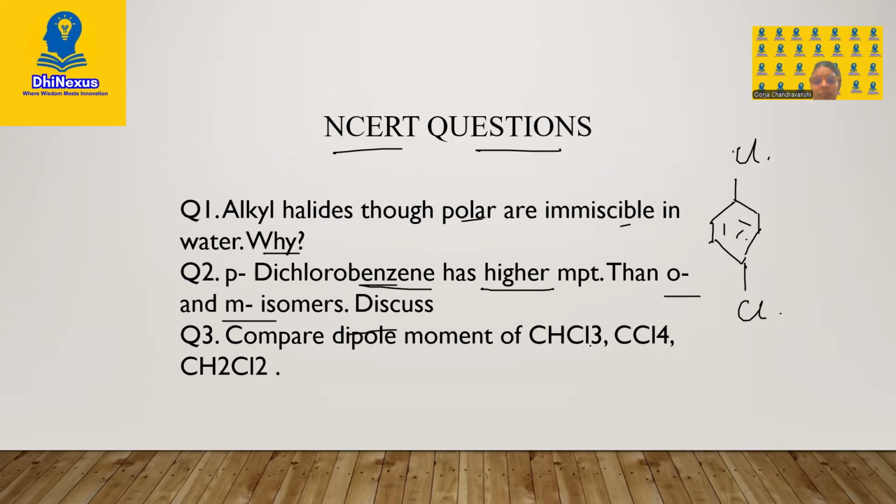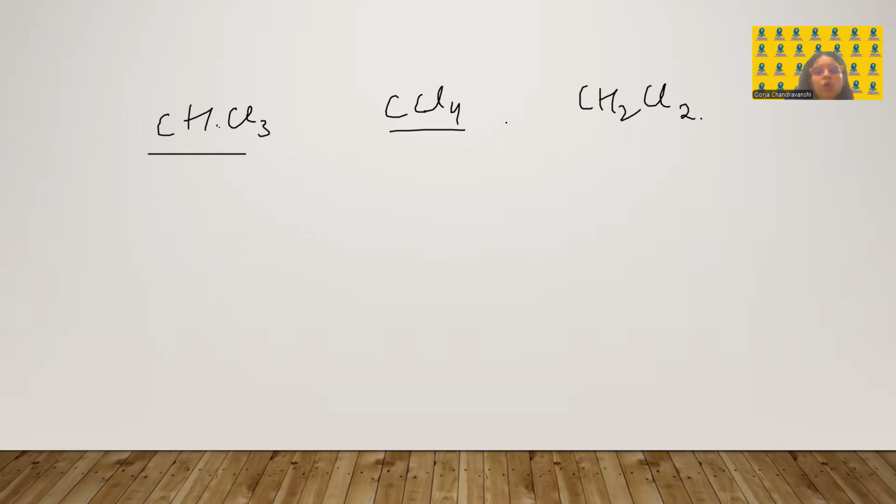What about the dipole moment of CHCl3, CCl4 and CH2Cl2? This is a very good question and we must discuss it separately. CHCl3, then you have CCl4 and CH2Cl2. In case of these, please note that all of these have a tetrahedral structure.